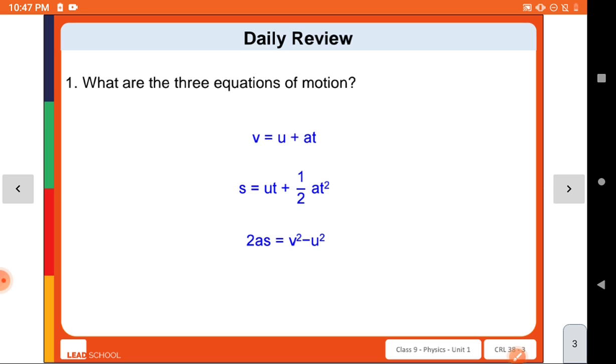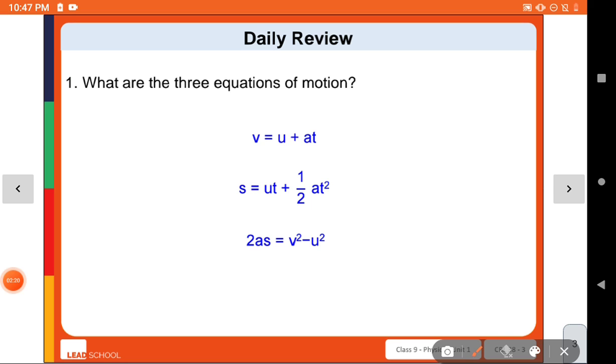In the third equation, we equate both the first and second equations. After summation of values, finally I have a third equation which relates final velocity, initial velocity, displacement and acceleration.